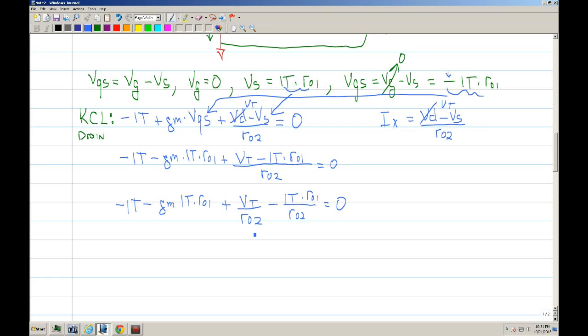So we want this on the left side, and then bring everything else to the right side. So we'll say VT 2 is equal to, and we got an IT here. So far it looks good.